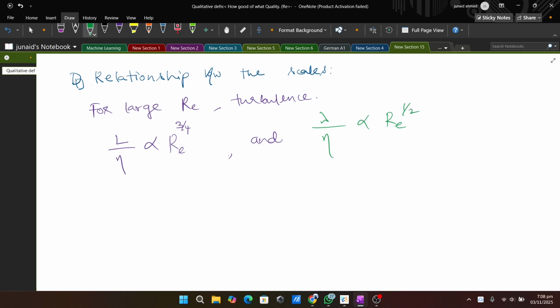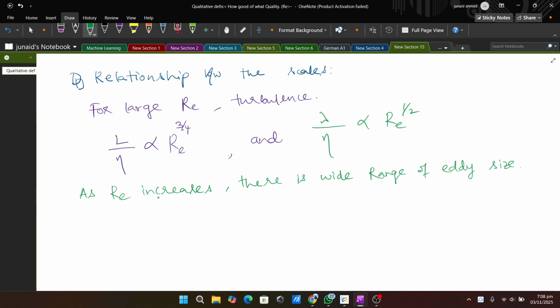We know that as Re increases, from this equation, there is a wide range of eddy size.